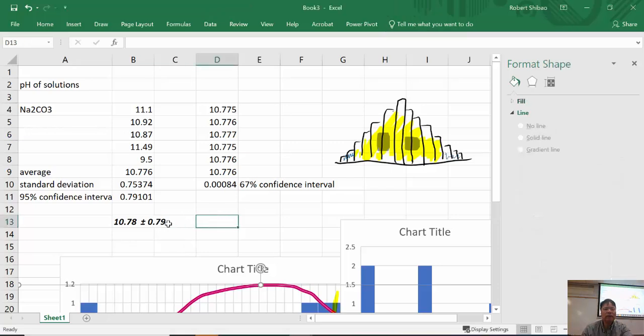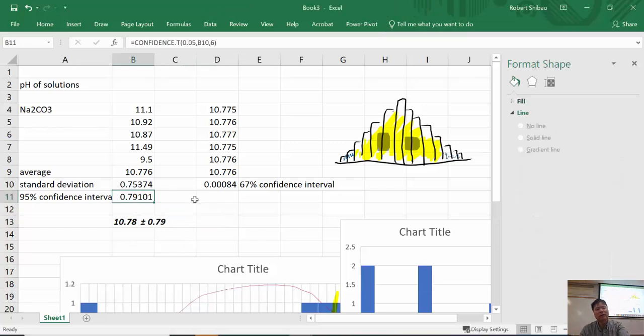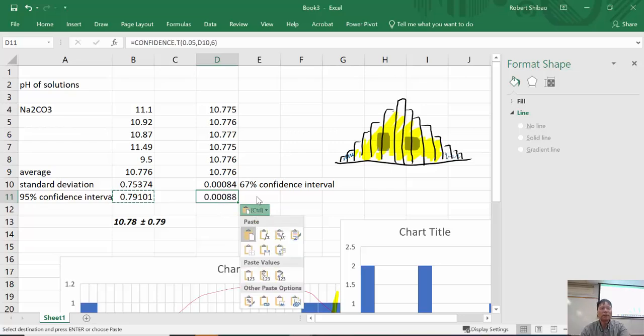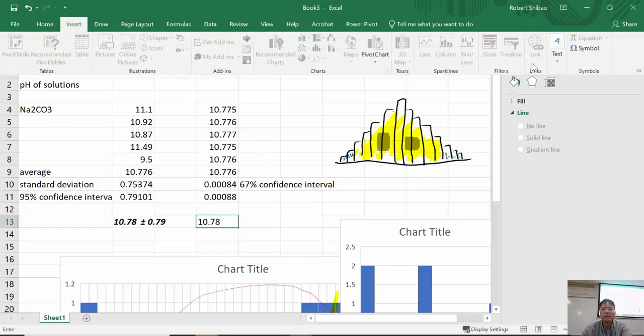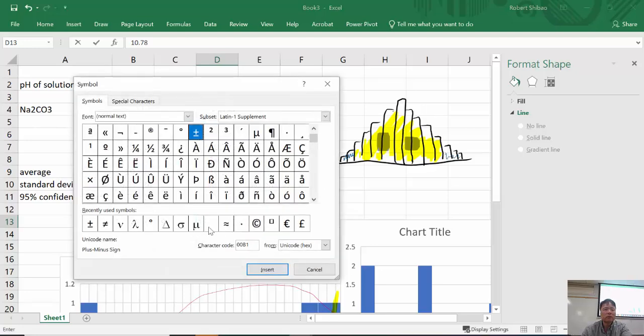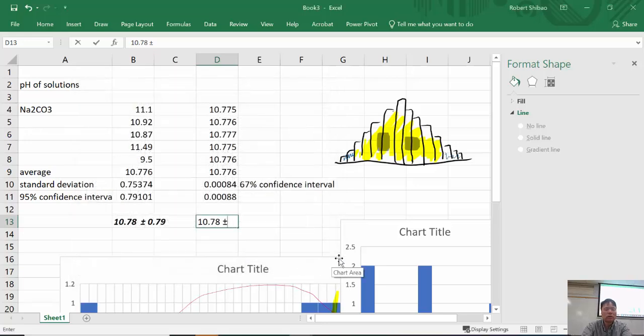Now, we're going to just repeat the same calculation over here. Here, we have a much narrower distribution of data. And so here, our average will be 10.78 plus or minus 0.0009.